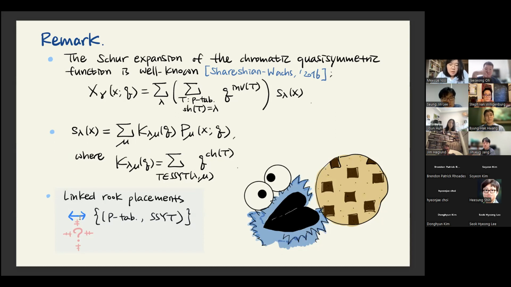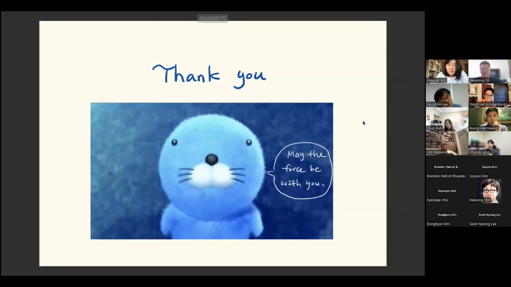And not only that, there should be some bijection between these two sets, some connection between the root polynomial and the statistics coming from this pair, but the bijection itself is not completely known yet. So with this final comment, let me finish the talk, and thanks a lot for listening.